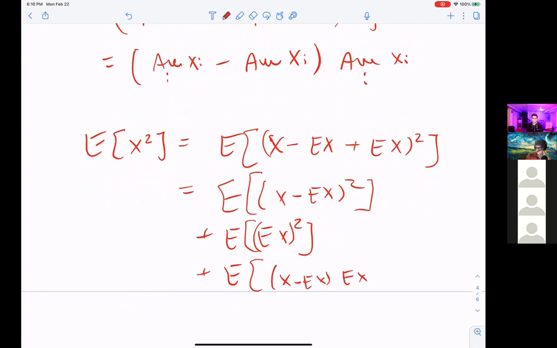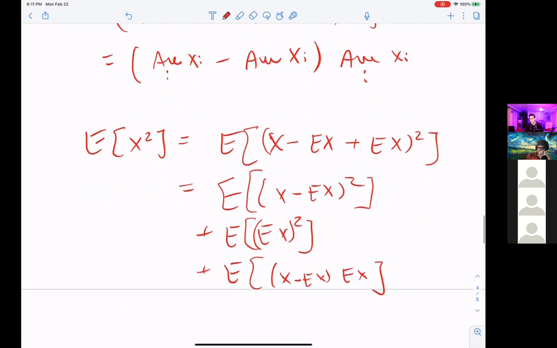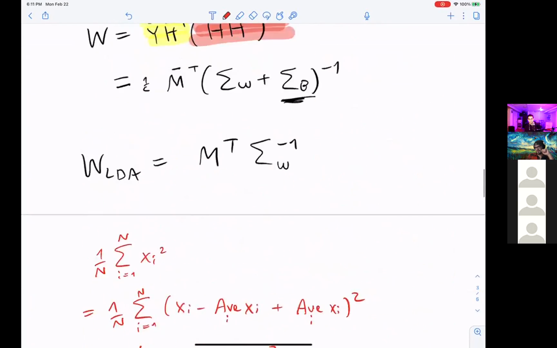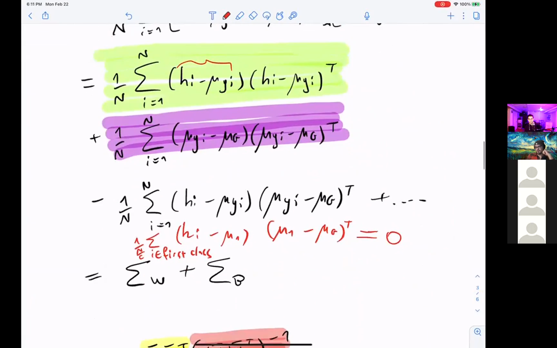Does this look familiar? I think this is something one sees in probability. Yeah, and then this is like a variance, and this is a mean squared, and this is 0. The only difference between this and the previous thing is that here it's a bit more complicated, because you don't have a single mean, you just have a bunch of means associated with the classes. So it's a bit more tricky.